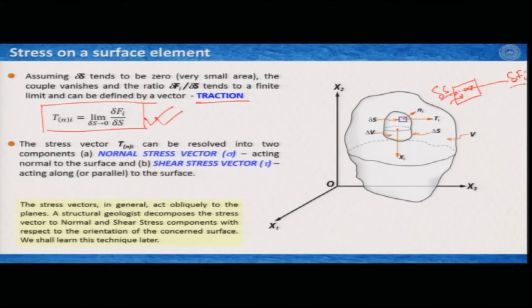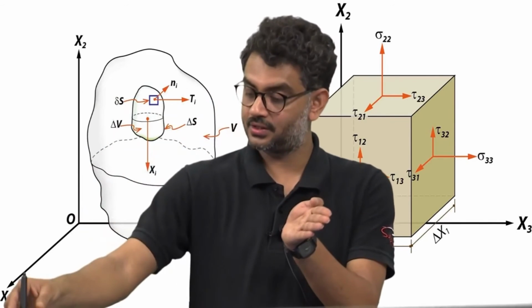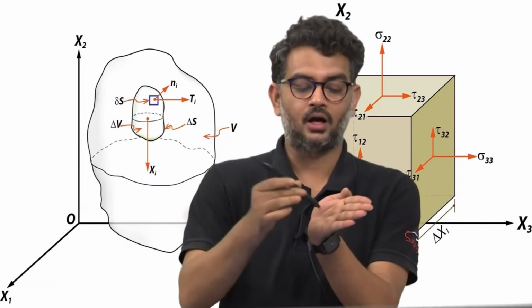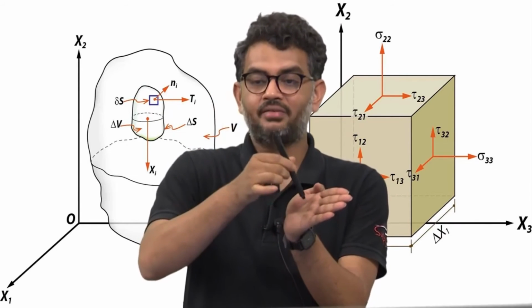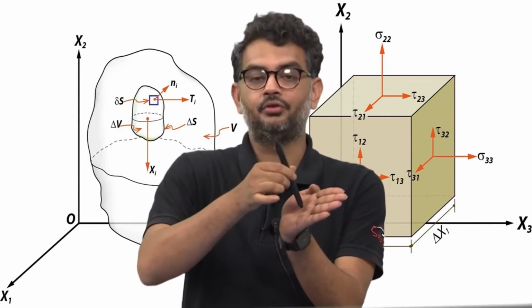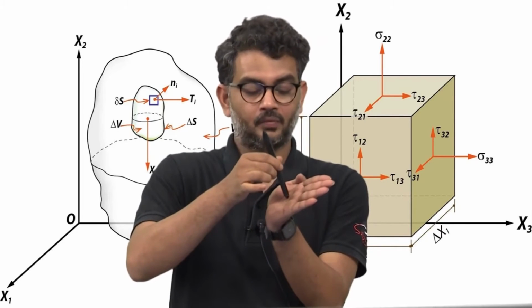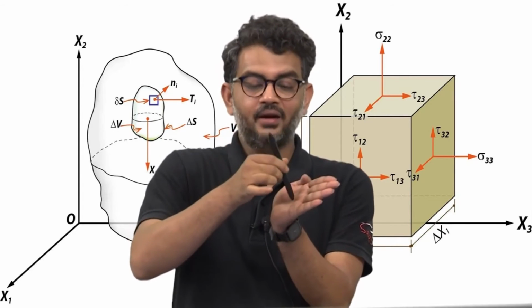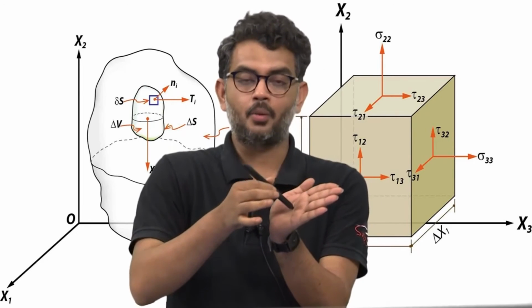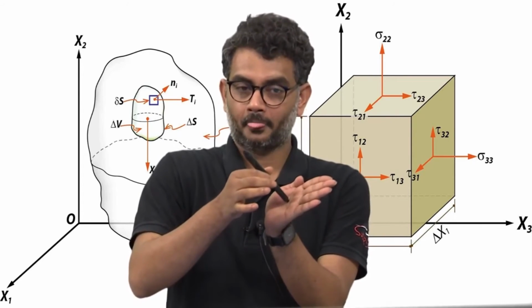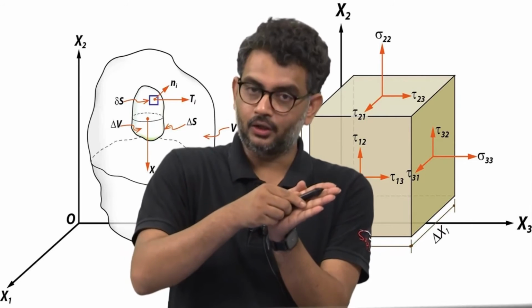Now, we clearly see that if we have a surface and I have a force acting on this surface, this is how it is working. Because this is a vector, we have understood before that traction is a vector. I can resolve this vector one way, that is perpendicular to this plane, and another way parallel to the plane.